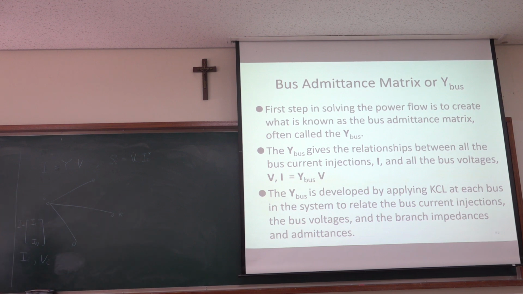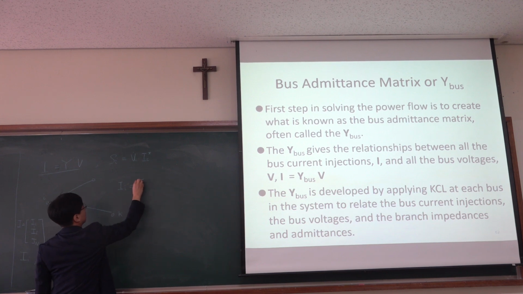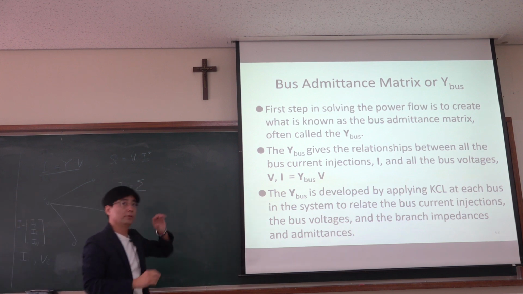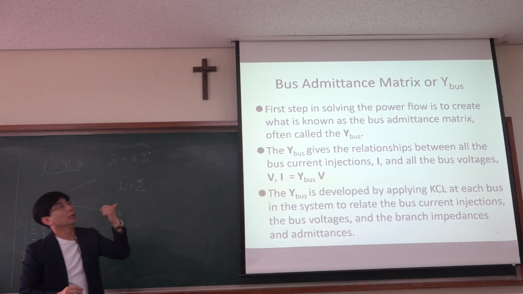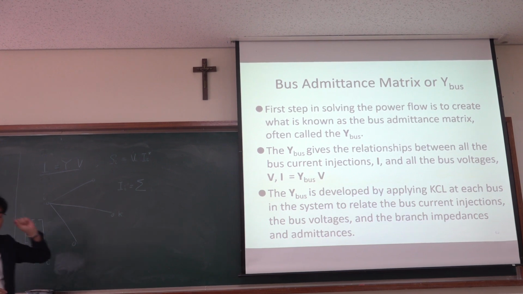Then what I want to derive here is this linear equation. If you only focus on the i-th element here, I should be the summation of... By the way, a graph is a collection of nodes and edges, and each edge or line has a line impedance.